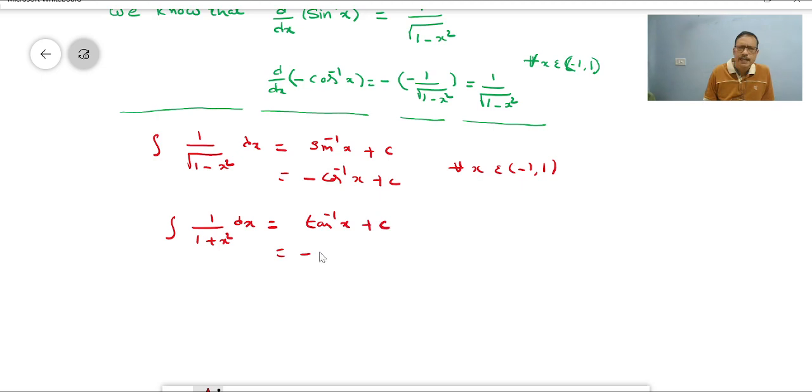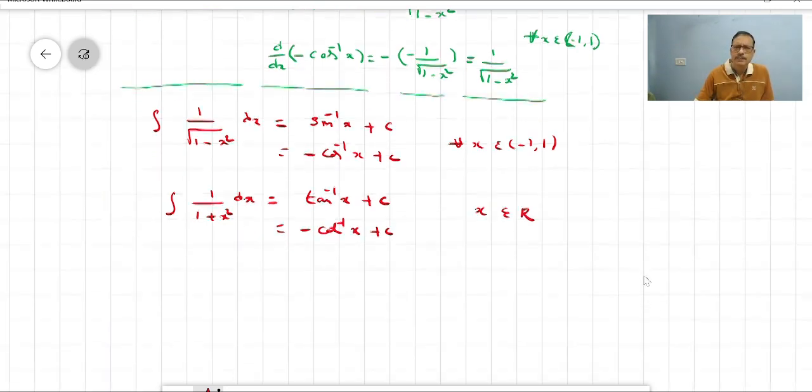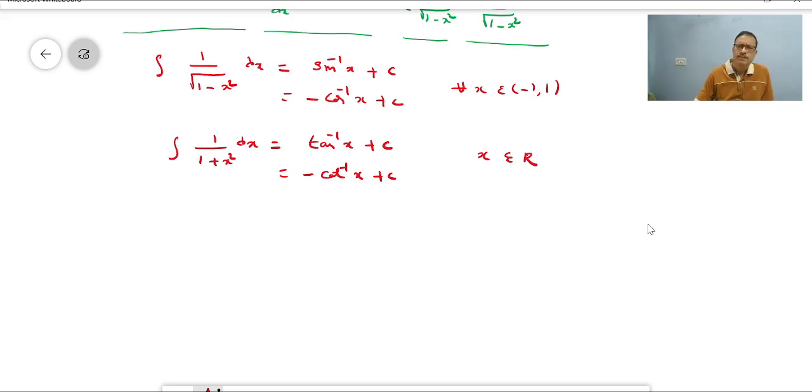This is equal to minus cot inverse of x plus c. Here x belongs to R. So what is the formula of integral of 1 by 1 plus x square dx? Tan inverse of x plus c, or we can write minus cot inverse of x plus c.